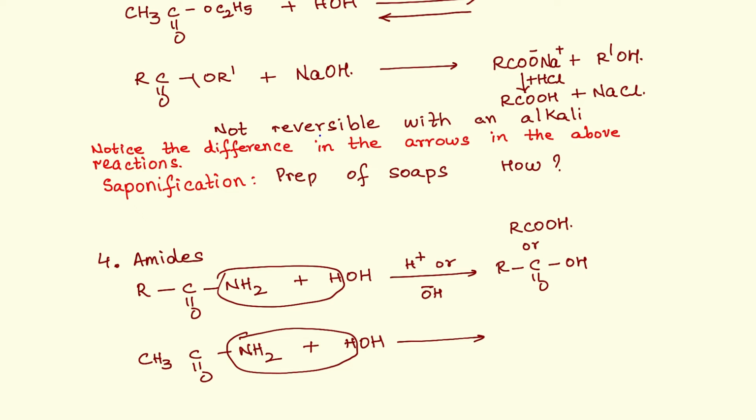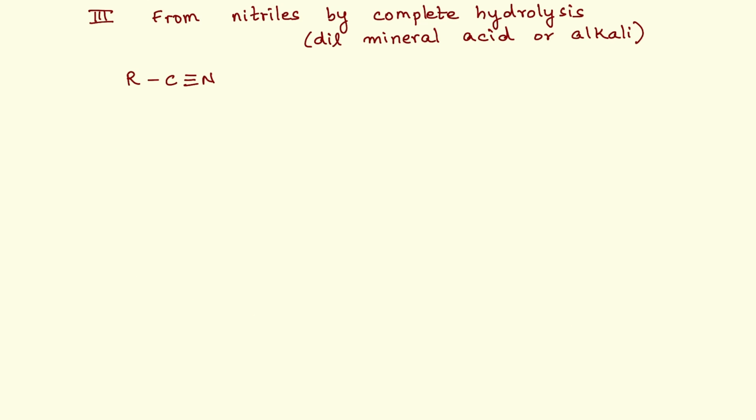But if you are a beginner and new to organic chemistry, just go slow. R, C double bond O, OH gives me the carboxylic acid. So what will be the acid obtained in the next step? CH3COOH plus, of course, ammonia.